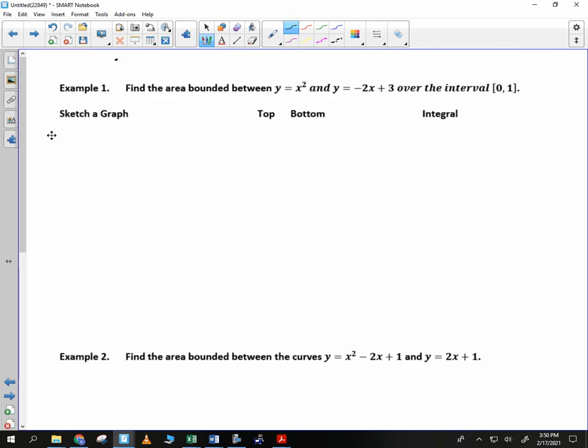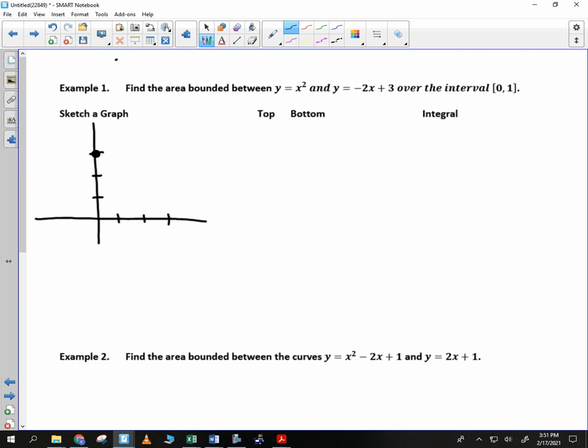We got y is equal to x squared and y is equal to negative 2x plus 3 over the interval 0 to 1. So it's always good to get a graph sketch. Now I think in your assignments, I've really tried to put together the sketches of the graphs for you. I'm going to graph negative 2x plus 3. So 1, 2, 3 over 1, 2, 3, and so on and so forth.